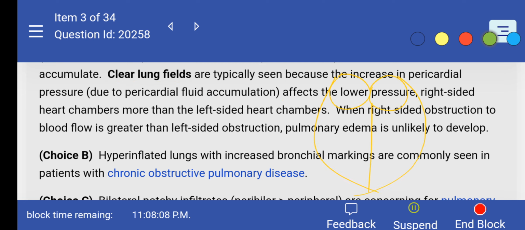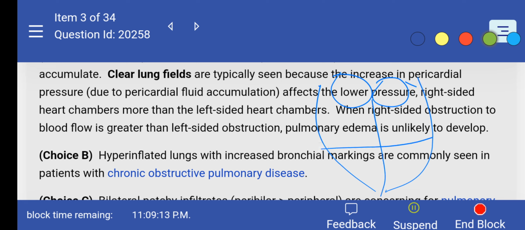So here they mean to say, let's say I have drawn this heart for you guys. If they are providing more pressure to the right side of the heart, there will be less chance of pulmonary edema. Let me draw it again for you guys. Let's say this is the heart.